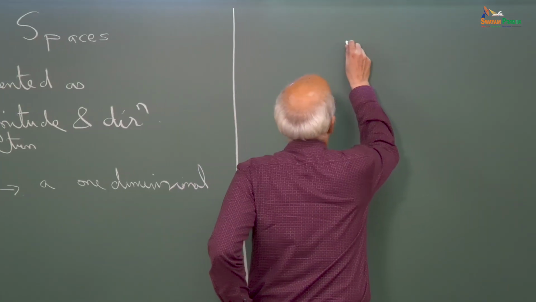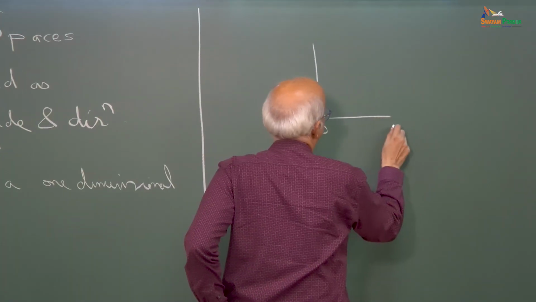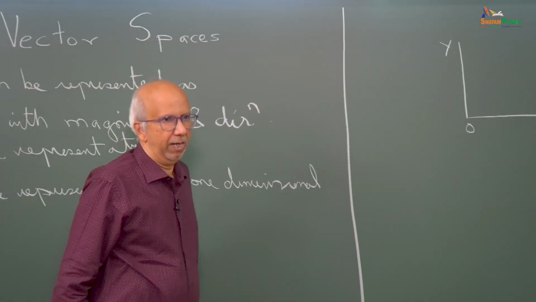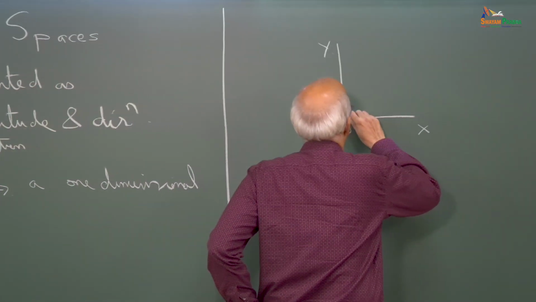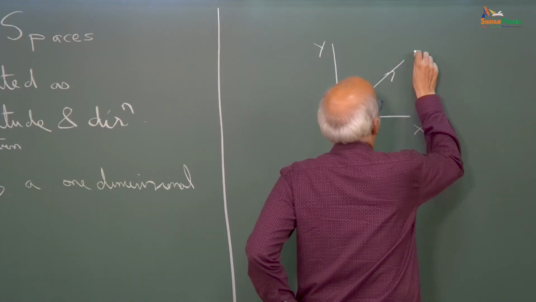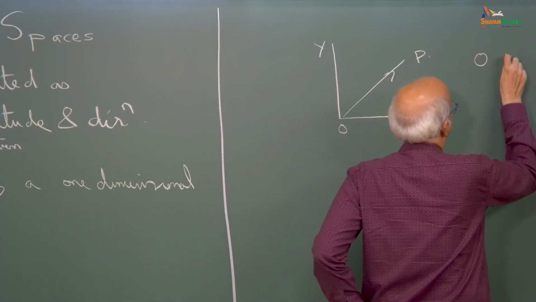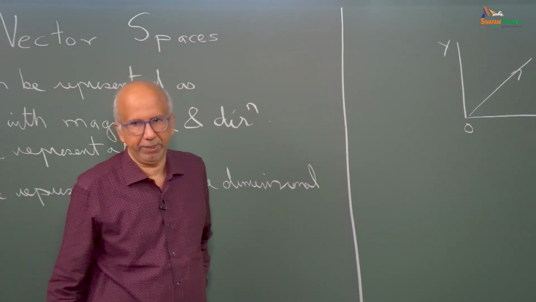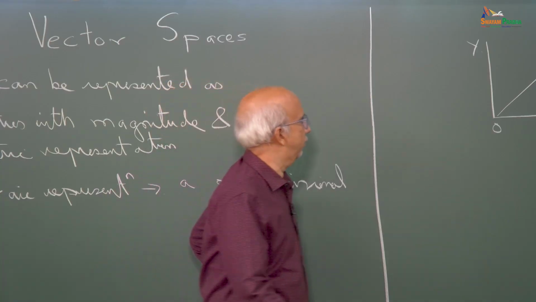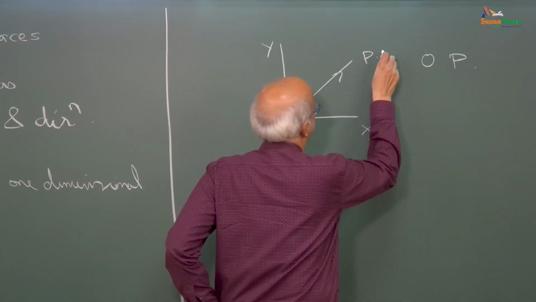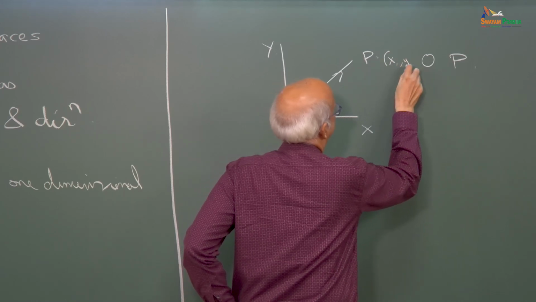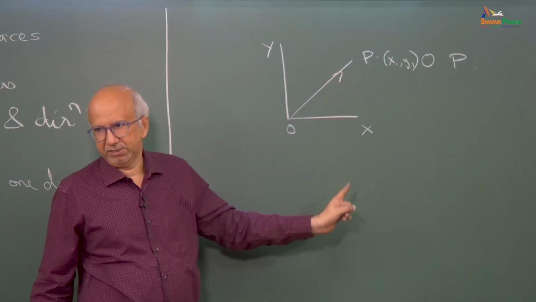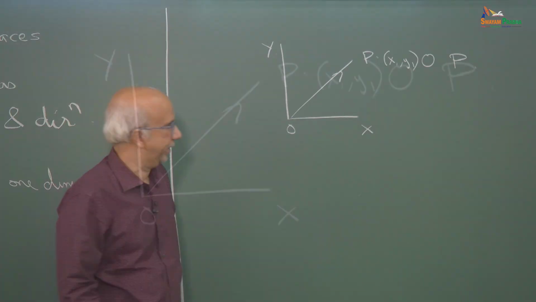So, if I look at the xy plane and I want to have a vector, let us say this is OP, OP is a vector. That is my geometric representation. The coordinates of the point P are, let us say, x1, y1. x1 is the distance measured parallel to OX, y1 is the distance measured parallel to OY.